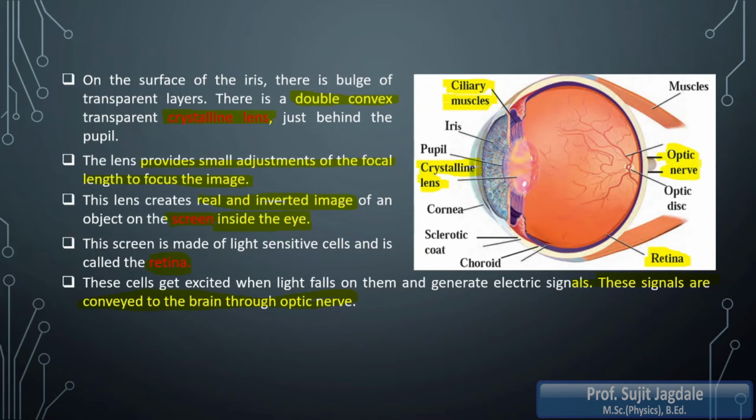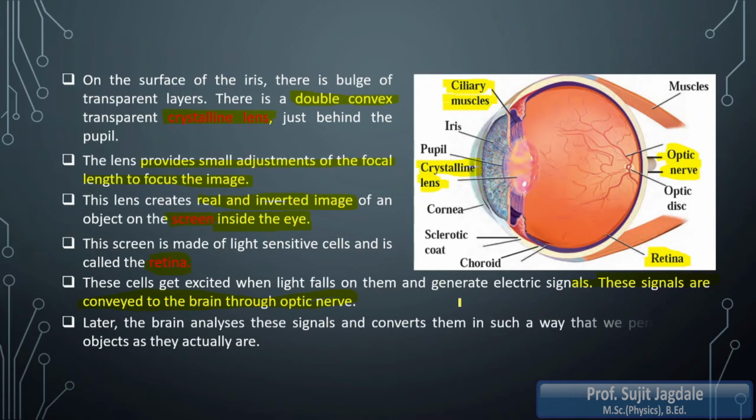You can see here the optic nerves are shown, and with the help of these optic nerves, the electric signal is transferred to the brain, and then the brain will analyze these signals and convert them in such a way that we perceive the objects as they actually are. That means we are seeing the objects as they are.